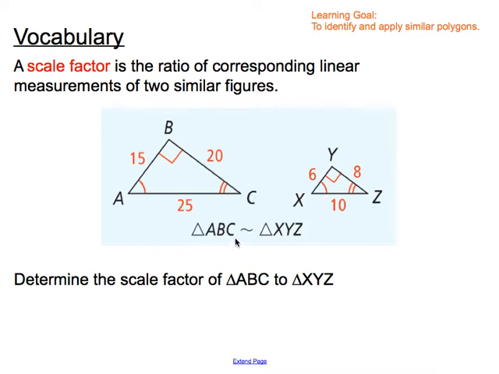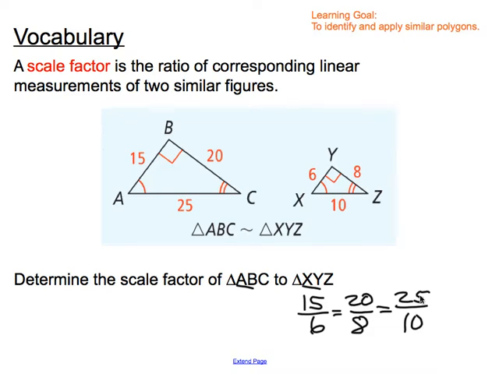So in this case, we have triangle ABC, which is similar to triangle XYZ. And if we're asked to determine the scale factor of triangle ABC to triangle XYZ, here we can write the extended proportion. 15 is to 6, as BC or 20 is to 8, which is also the same thing as AC, which is 25, to XZ, which is 10.